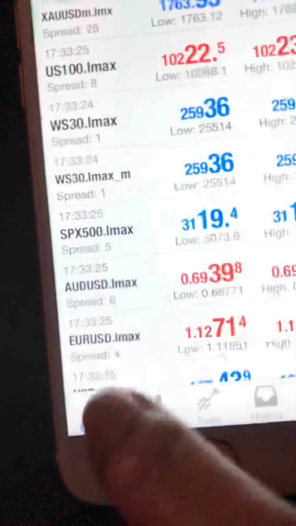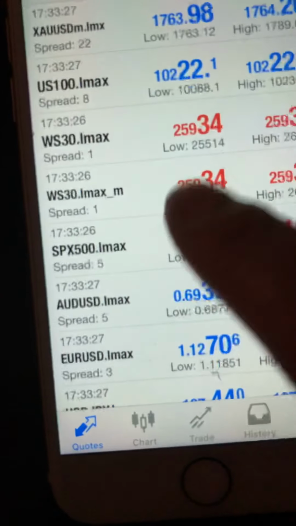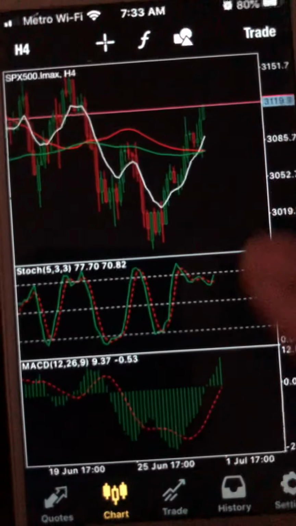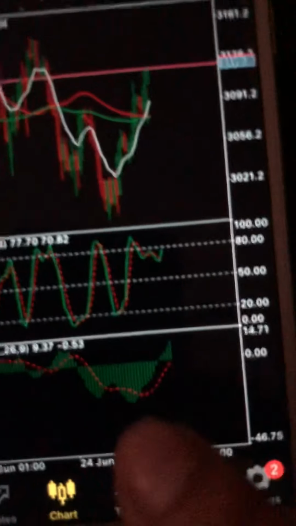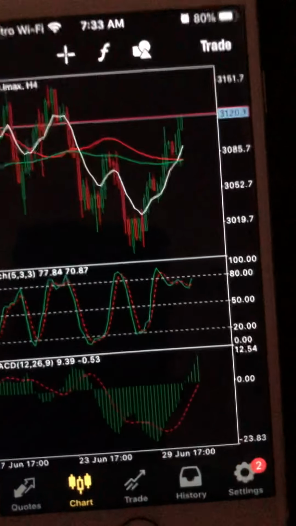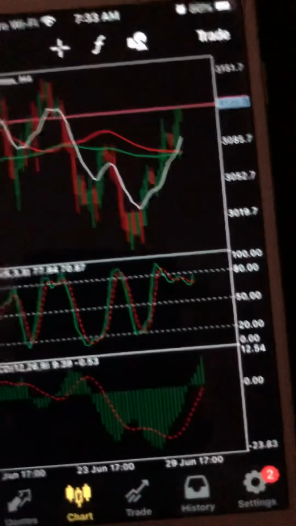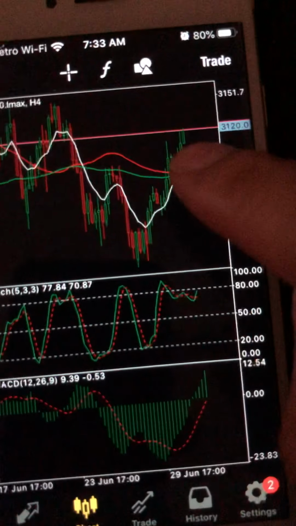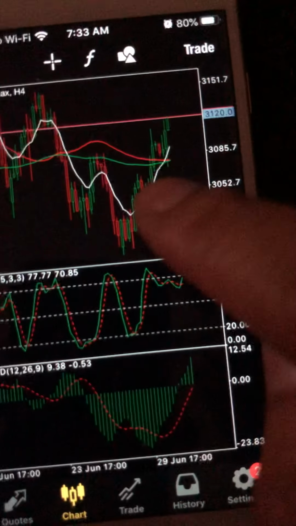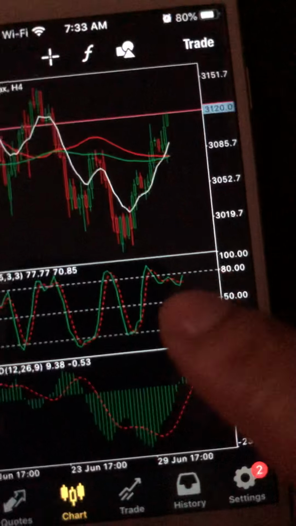Let's go to S&P 500. Let's see what we get. Okay, here we go. The first thing I look at when I get into a chart is what price is doing. I see a lot of bullish momentum. The 50 EMA is flat though, the 8 EMA is pointing up.